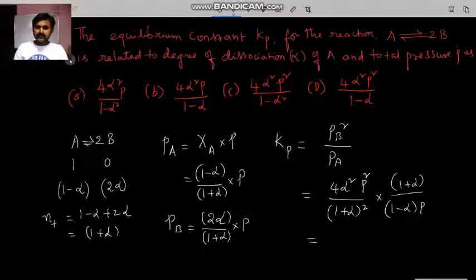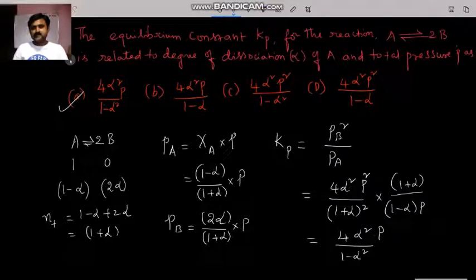Upon simplification, it becomes 4 alpha square by 1 minus alpha square into total pressure P. So this is the equilibrium constant, and option A matches this expression. So this is the answer for this question.